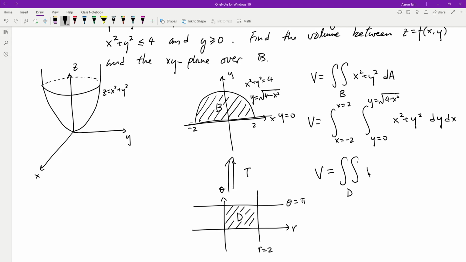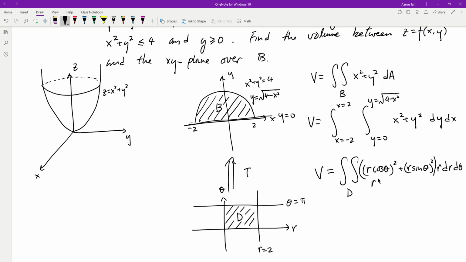So this becomes r cosine theta squared plus r sine theta squared, dA, which becomes r dr d theta. And I'm going to leave a parenthesis right here, otherwise it's going to be confusing.